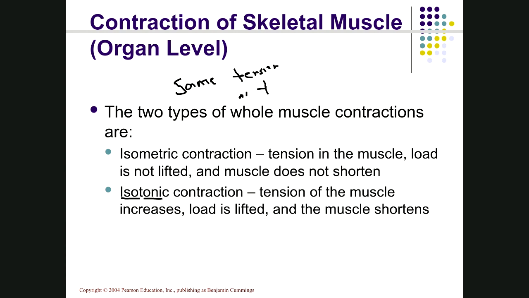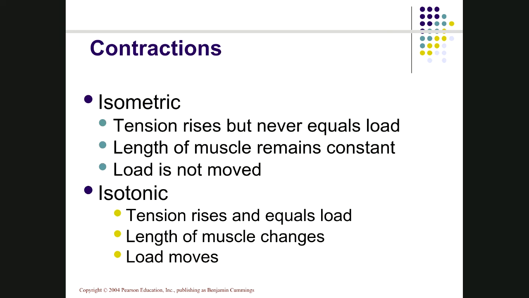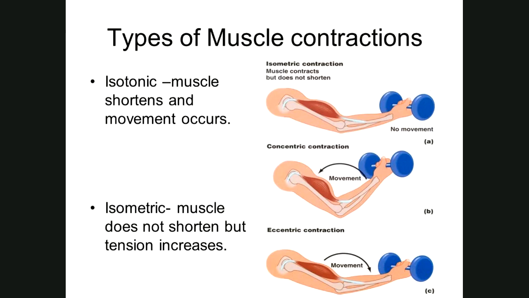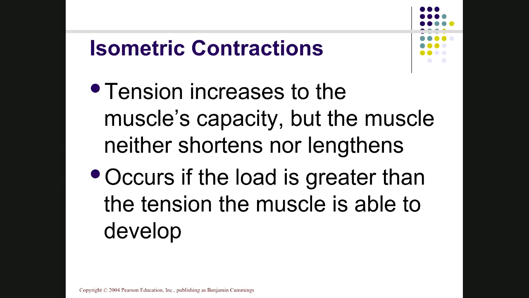So if the same tension as the load happens, what's going to happen is the load is going to be lifted, and then the muscle will get shorter. So let's look at these two. Let's look at isometric first. So if you look at isometric, again, remember that word means same length.